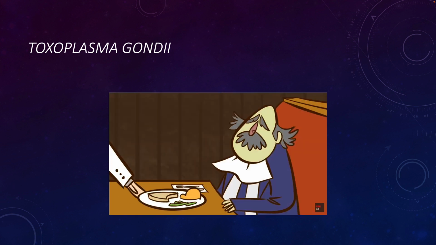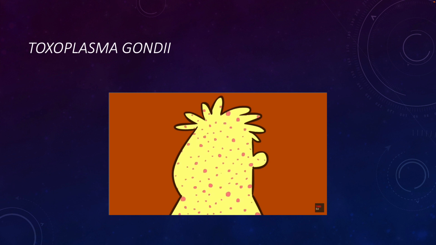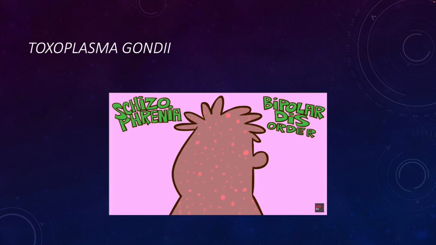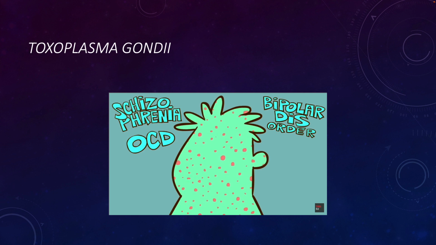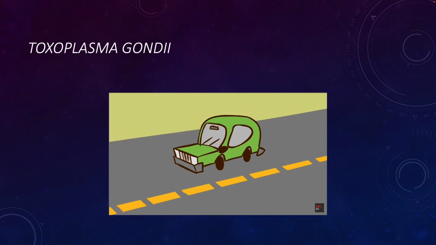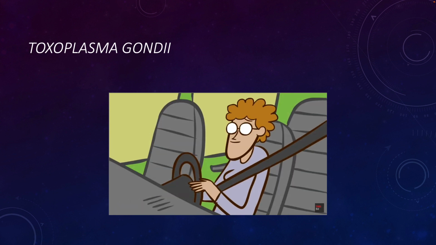And it turns out that Toxo can mess with our brains too. Studies have found connections between Toxo and schizophrenia, bipolar disorder, obsessive-compulsive disorder, and aggression. It also slows reactions and decreases concentration, which may be why one study found that people involved in traffic accidents were almost 3 times more likely to have Toxoplasma.